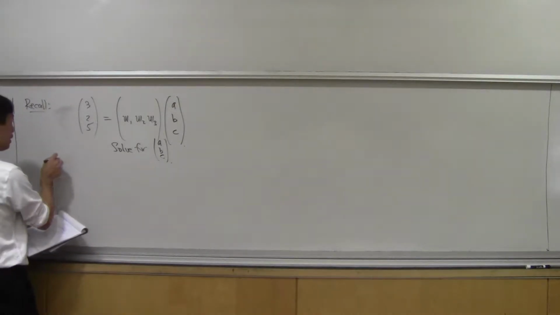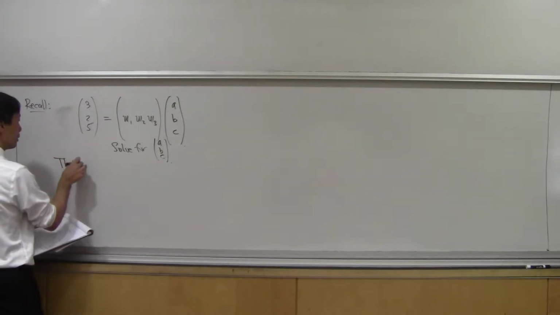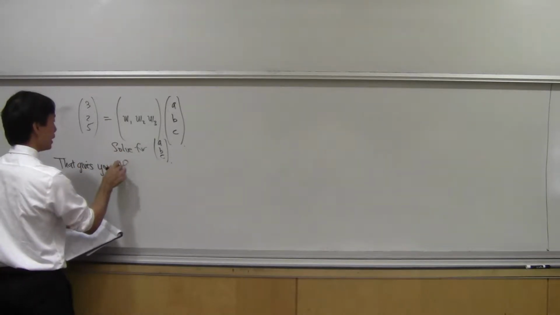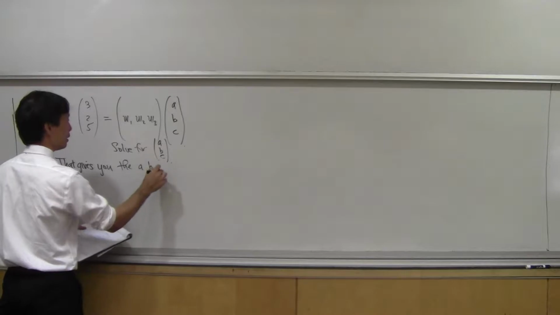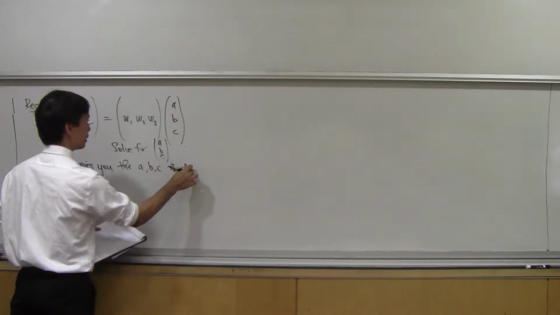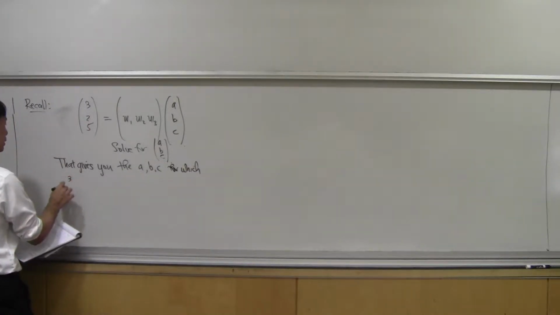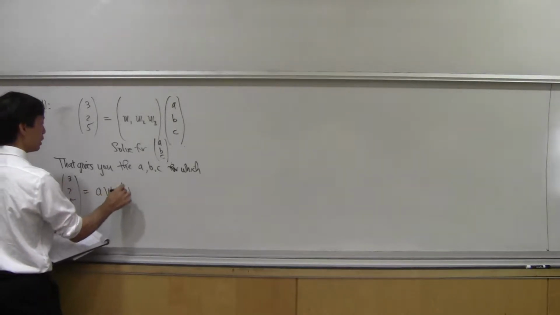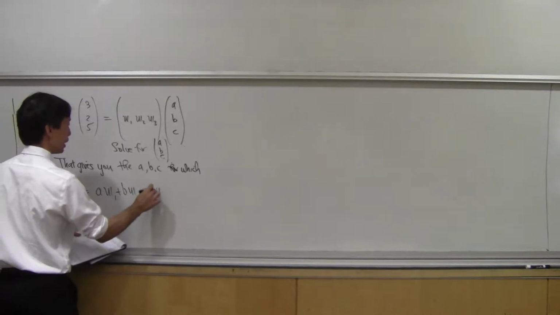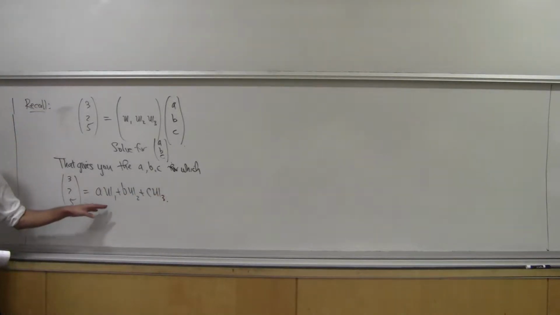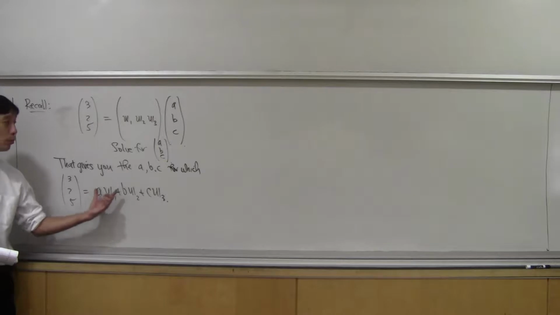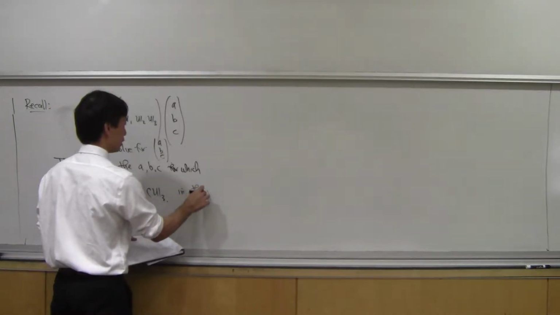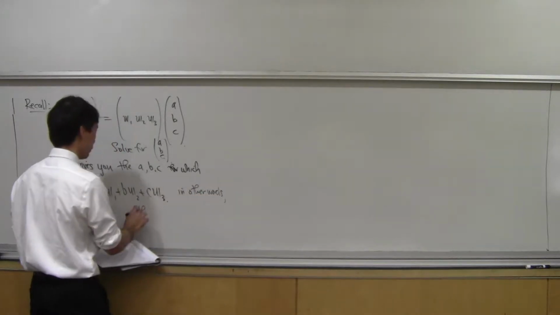That gives you the a, b, and c for which (3, 2, 5) equals a u1 plus b u2 plus c u3. So it gives you the coordinate vector.